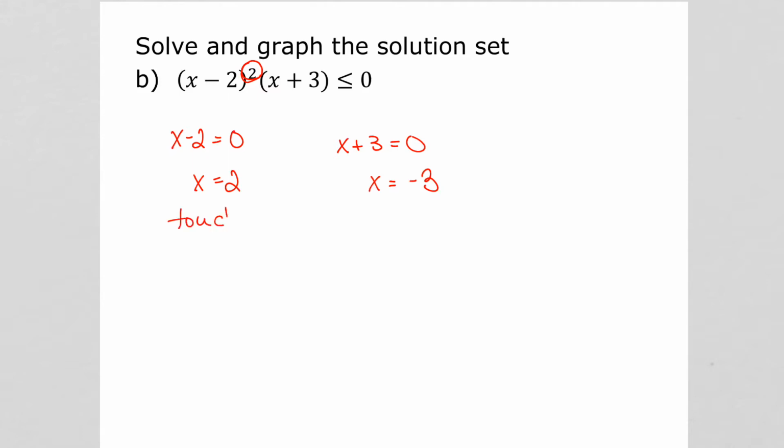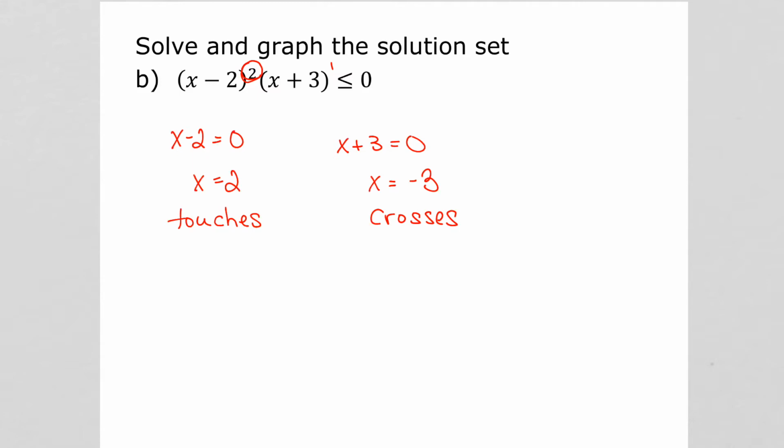So at 2, the graph touches the x-axis, and since the multiplicity is odd at x plus 3, it crosses. So this touching will change things for us a little bit there.